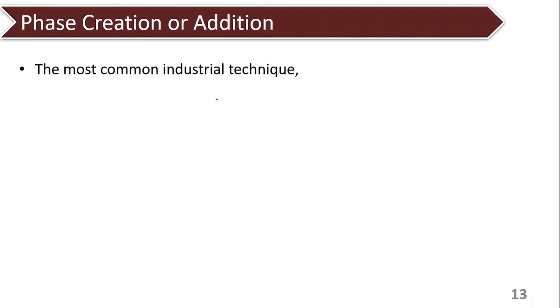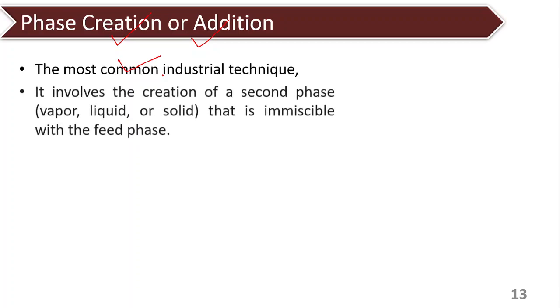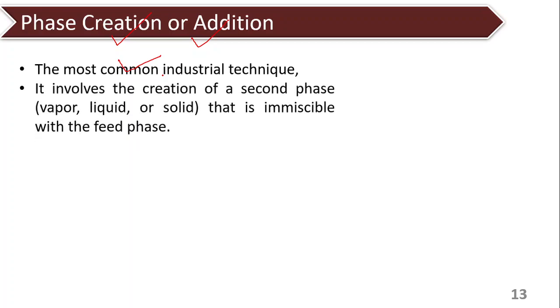Let us look at all these techniques one by one in brief. The first one is separation by phase creation or by phase addition. Because phase creation and phase addition are very close, we have taken these two methods in a single slide. This is one of the very common techniques used in industries and plants, where we use the phase concept. It involves the creation of a second phase.